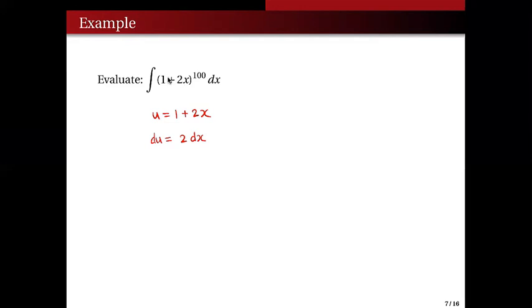We have this expression, 1 plus 2x raised to 100, and then we have the dx. So we can just solve for the dx. This means that when we divide everything by 2, we have du over 2 equals dx.